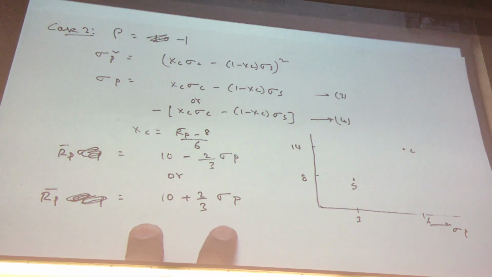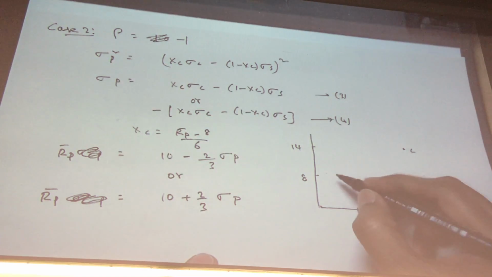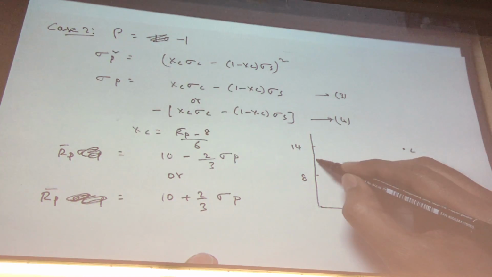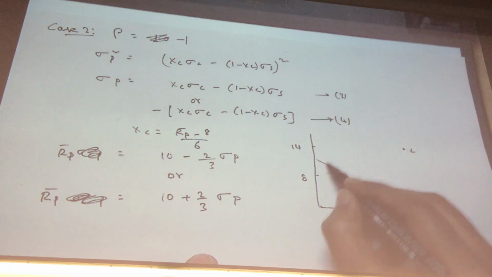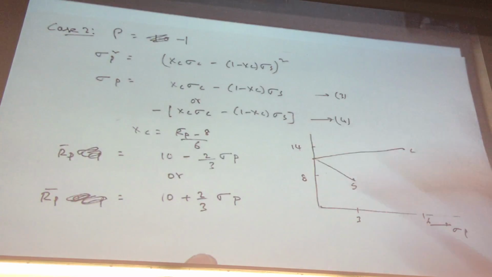Positive or negative? This is positive, and this one, the slope is negative. Okay? So there are two straight lines. One has positive slope, the other one has negative slope.